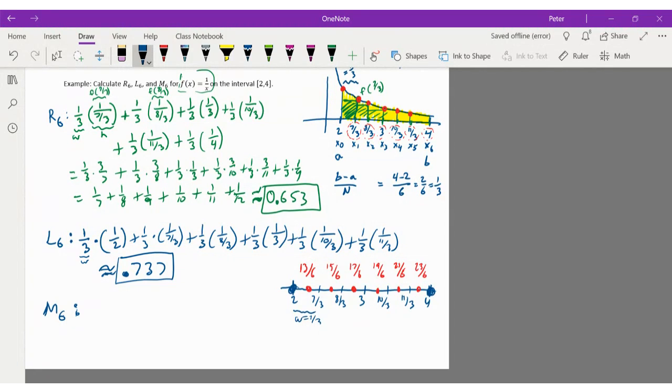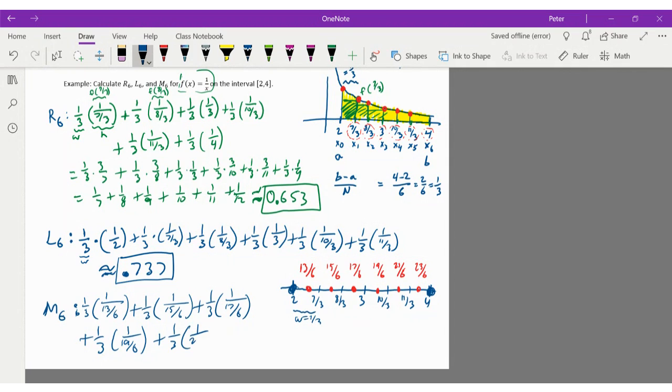So this is going to be 1/3 times 1/(13/6) plus 1/3 times 1/(15/6) plus 1/3 times 1/(17/6) plus 1/3 times 1/(19/6), and 1/3 over 21/6 and 1/3 over 23/6.